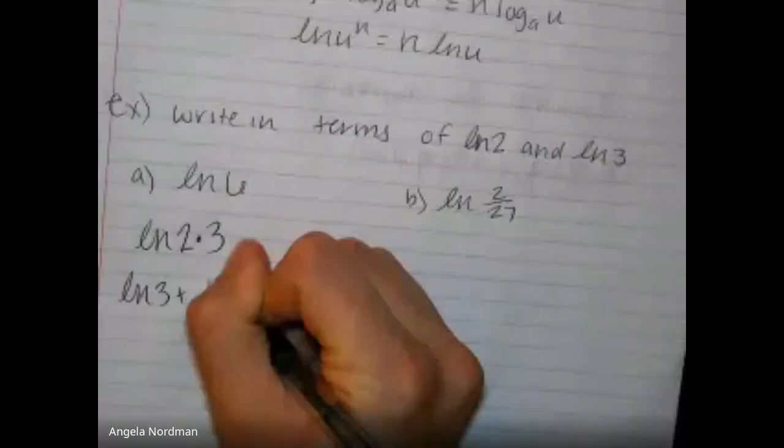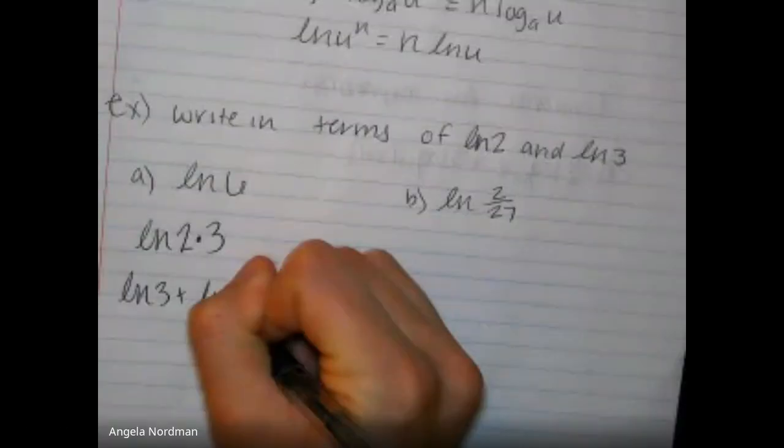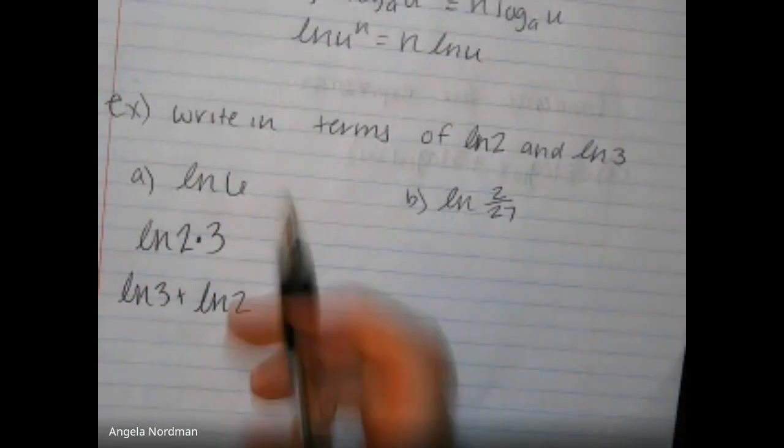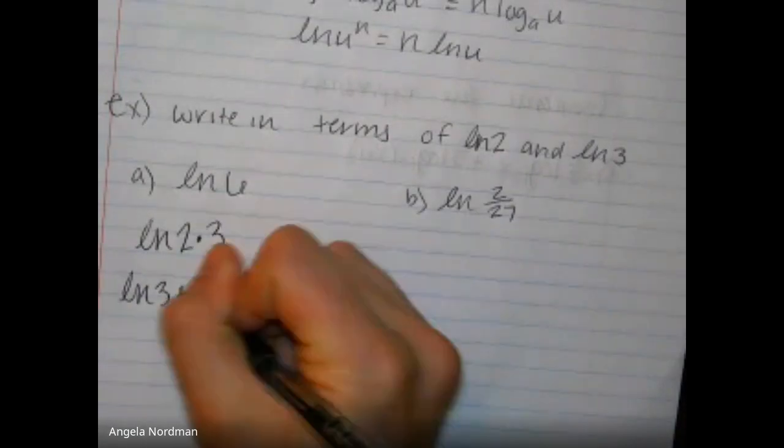I know if I have natural log of the same base between multiplication, I can split that up through addition. Now I'm in only natural log of 3 and natural log of 2. So that's the answer there. This one's just forcing you to think about how we can use these properties to our benefit in order to rewrite something. No specific purpose right now, just to get you practicing in that mindset.